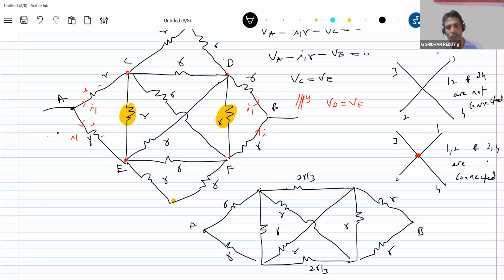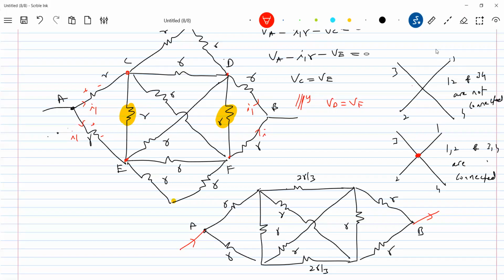What to do? We have to calculate that RAB, no? R by 5, sir. How much? 6R by 5. Yes, 6R by 5 will come.